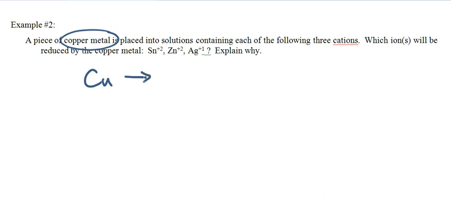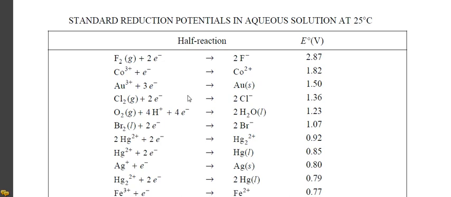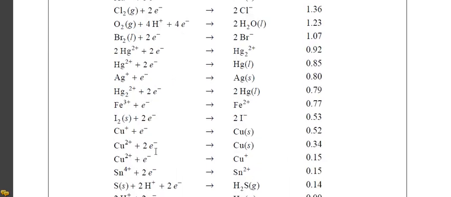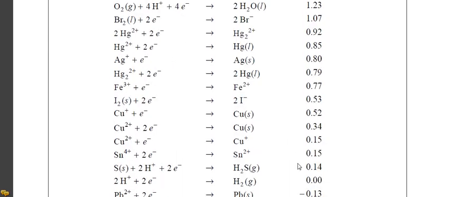Now, we do have a dilemma here. Copper could be a +1 or a +2 charge, so we want to find the most favorable situation here. So when we come to our standard reduction potential sheet, we see that we have 2 coppers that are metals here. The copper +1 yields a positive voltage of 0.52 when it's reduced, and the copper +2 yields a positive 0.34 voltage when it's reduced.